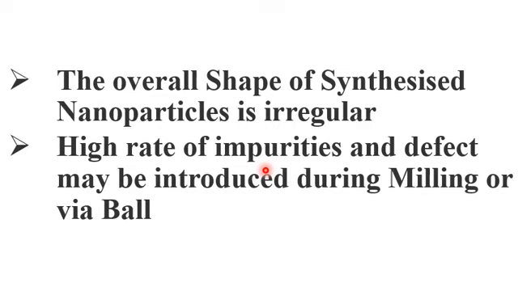You cannot get pure material with the ball milling process, and also the impact which is created by the ball on the bulk material causes stress and defects in the structure of the prepared nanoparticles.